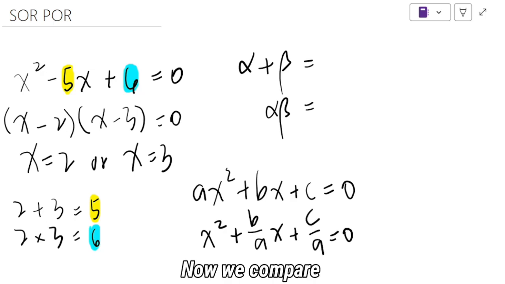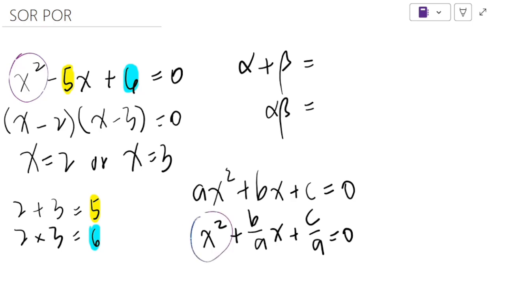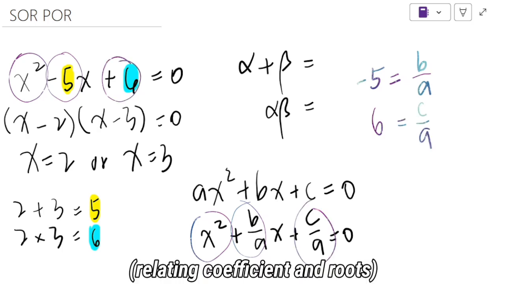Right. Now we compare. x squared and x squared don't change. Negative 5 and b over a, we write it down: negative 5 equals b over a. 6 is equal to c over a. Now what is negative 5?